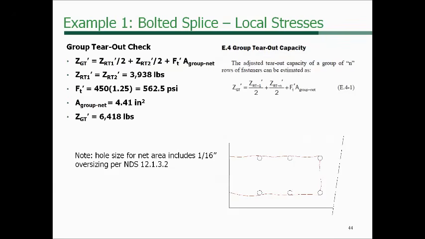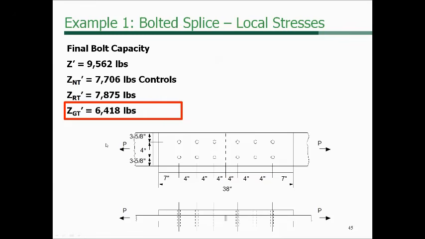When you start calculating this and looking at what controls, this one actually ends up controlling at 6,400 pounds. If you look at this summary slide, we calculated a bolt capacity of all the individual bolts of 9,500 pounds, net section tension, row tear out, and then group tear out of 6,400 pounds.